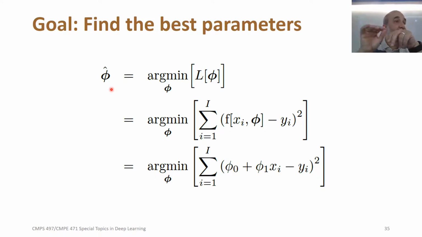When we find the parameters, it's like finding a line, right? Because the line is specified by the two parameters. In general, any model is specified by a set of parameters. So in general, in training, any model, not just the linear regression model, we are trying to find the parameters that minimize the loss function. A value for each parameter.